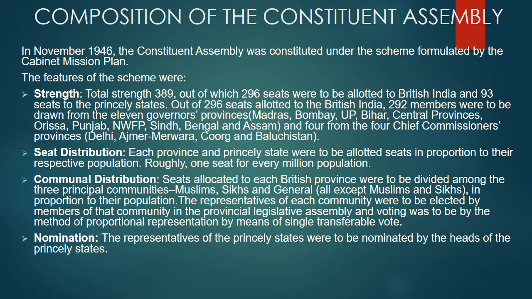Now, there was a communal distribution which I mentioned earlier. There was representation for Muslims, Sikhs and General. General means all except Muslims and Sikhs. The representatives of each community were to be elected by members of that community in the provincial legislative assembly, and voting was to be done by the method of proportional representation by means of a single transferable vote.